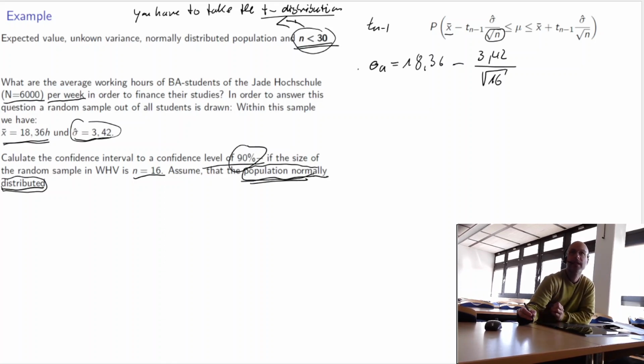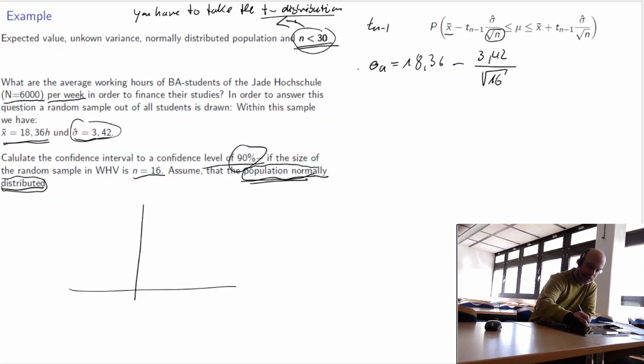Again, which number do we need? The t distribution is also symmetrical, as I have shown you.